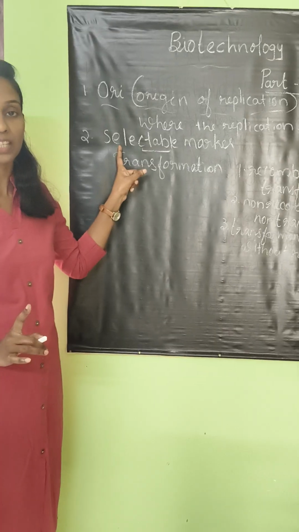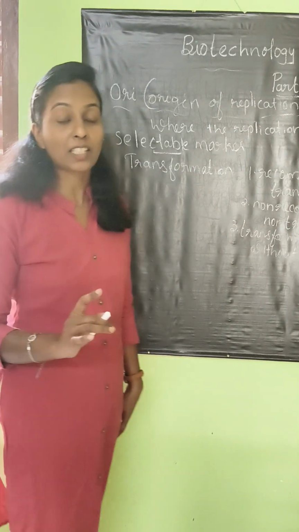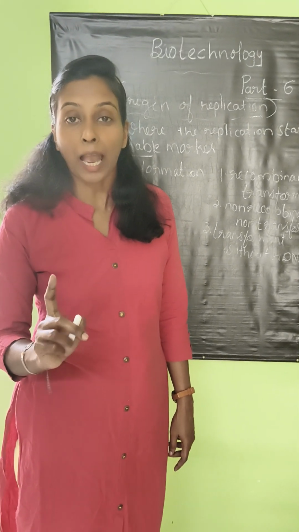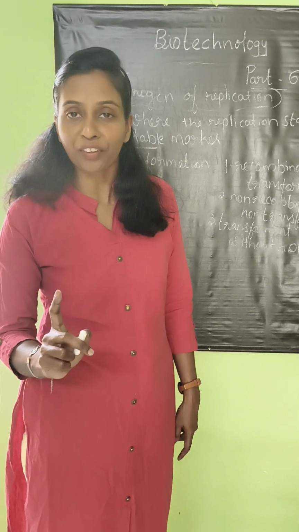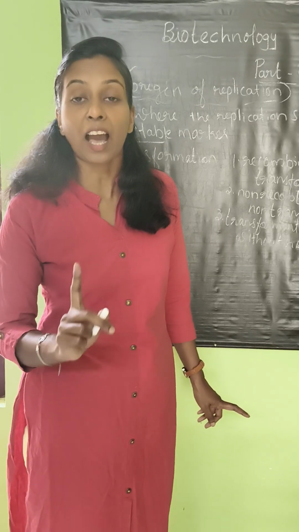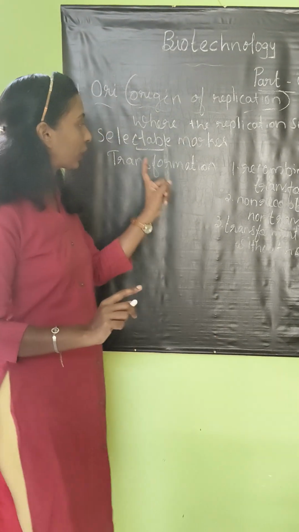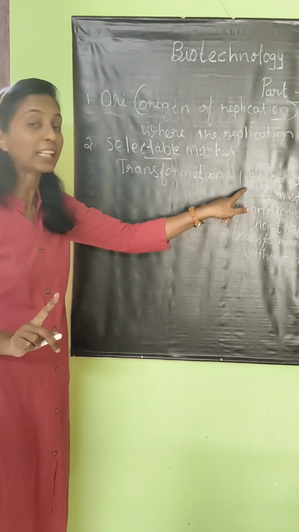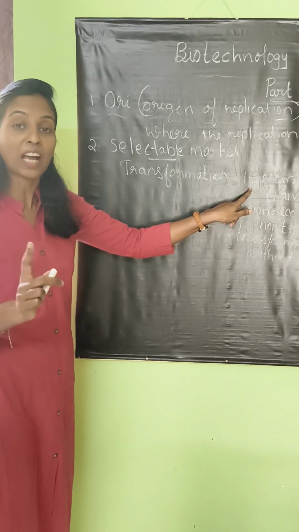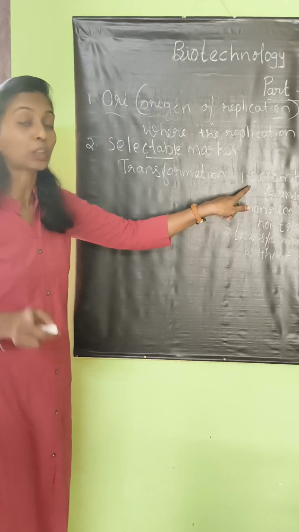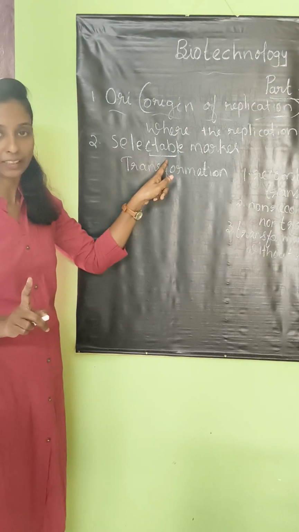Selectable markers are antibiotic resistance genes. Some examples are tetracycline, ampicillin, kanamycin and chloramphenicol. They are used to identify only the recombinants.